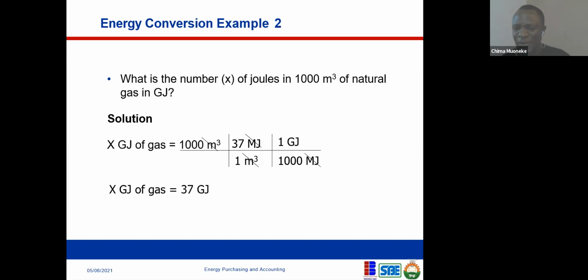Now, let me make a simple example as well. The diesel that you buy and put into your diesel generator, you're not buying it because you love diesel. You're buying it because of the energy content. So the question could be, how many kilowatt hours are in 1 liter of diesel?